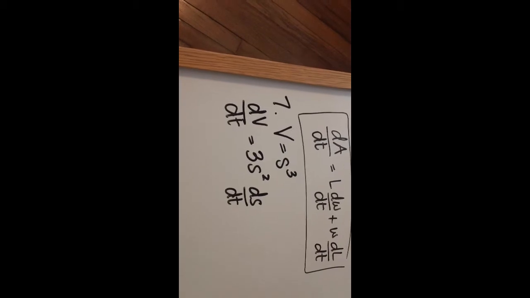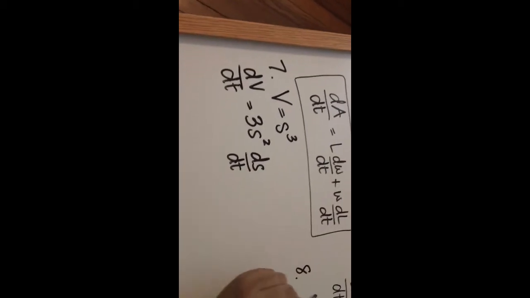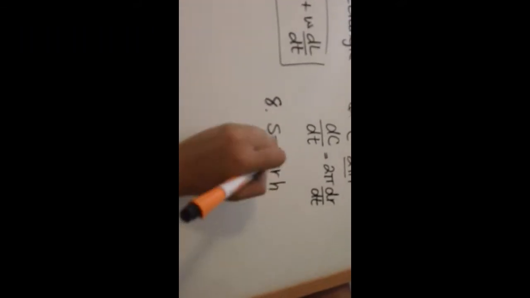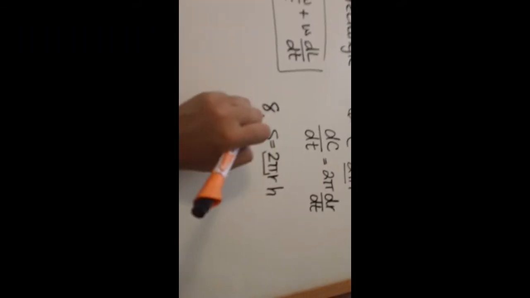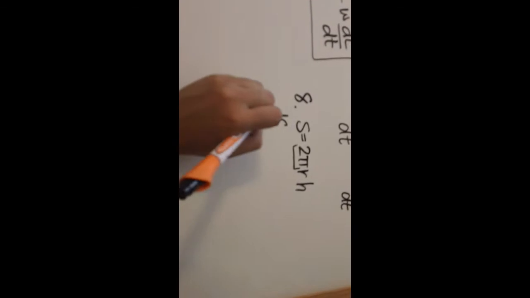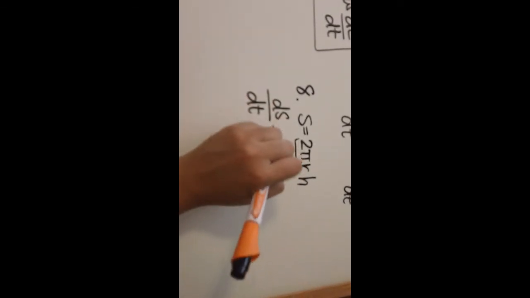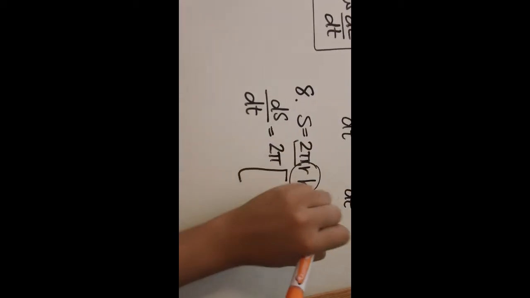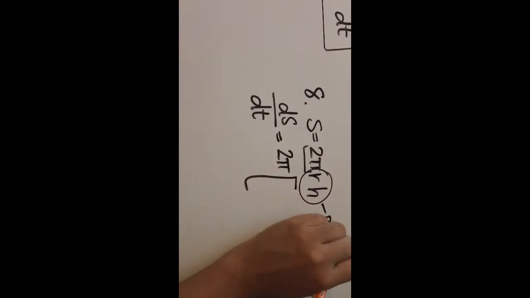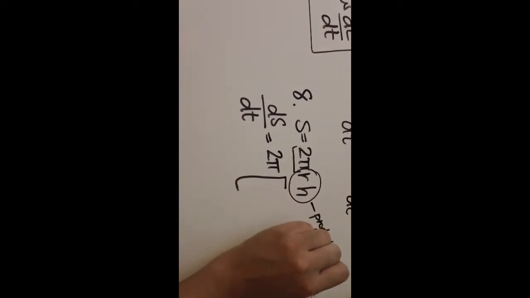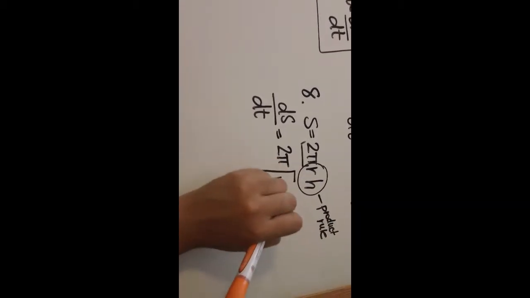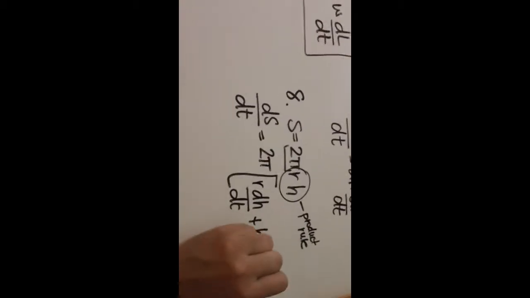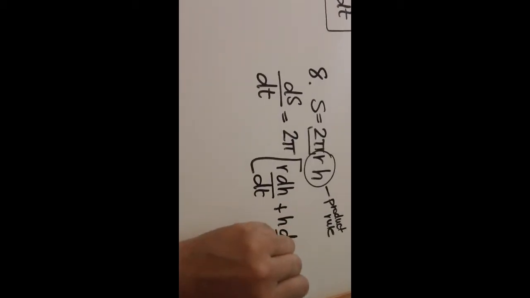8, you're given the lateral surface area of a cylinder. 2 pi is just a constant, so you have dS over dt equals, take out the constant, and you're left with a product rule. So first times derivative of the second plus the second times derivative of the first.